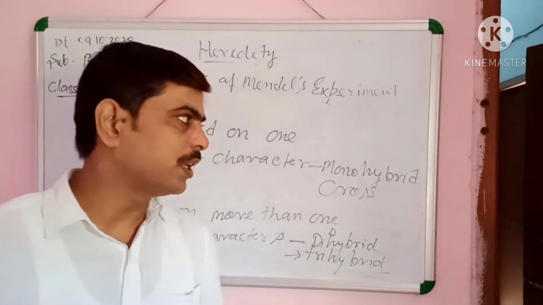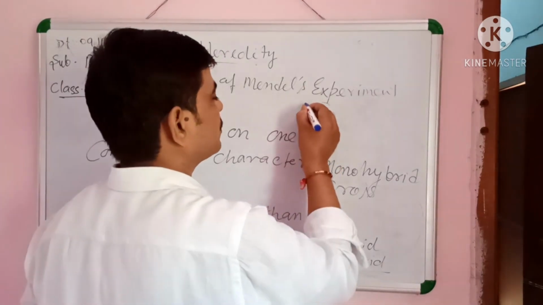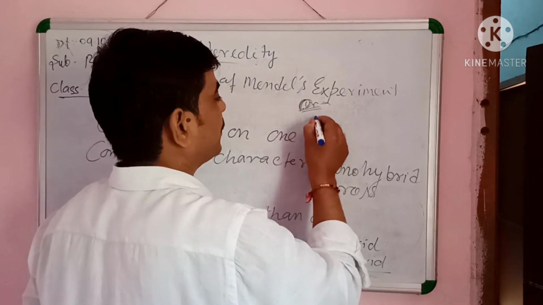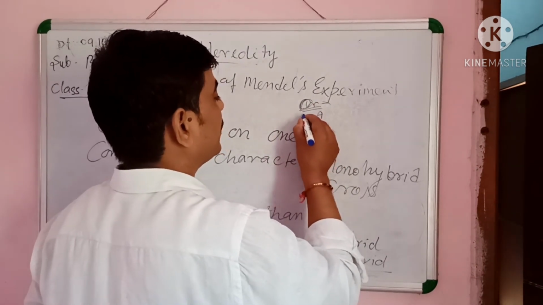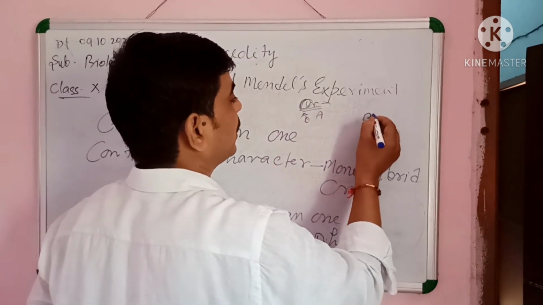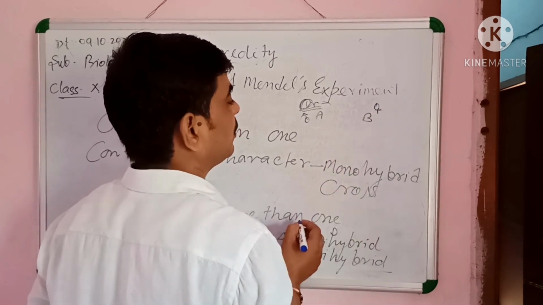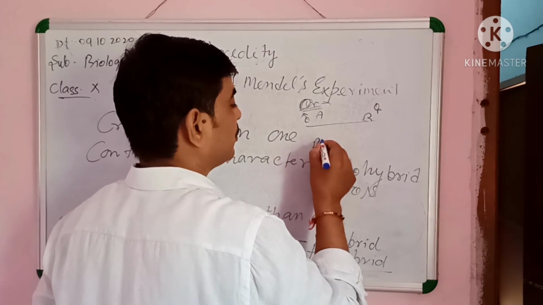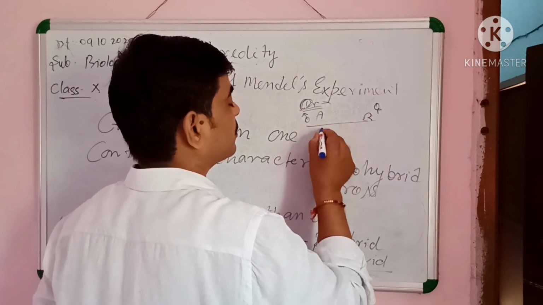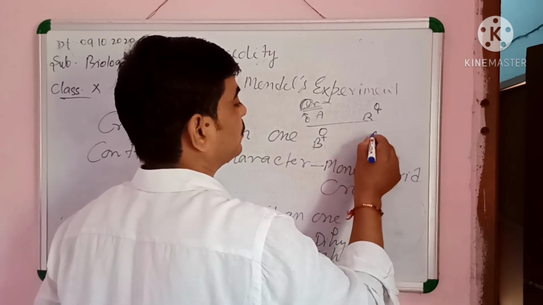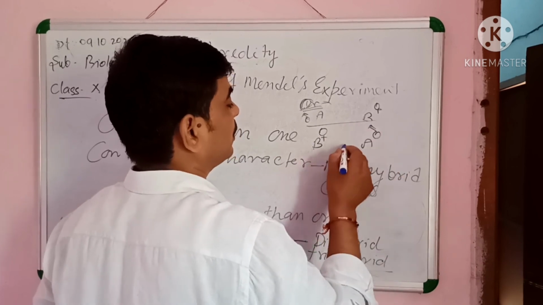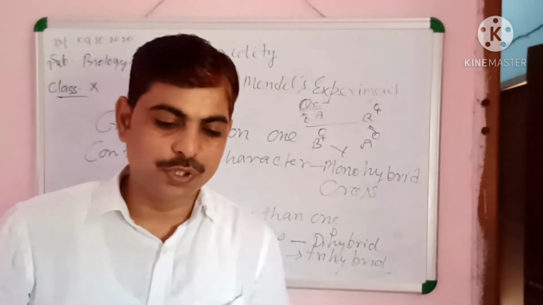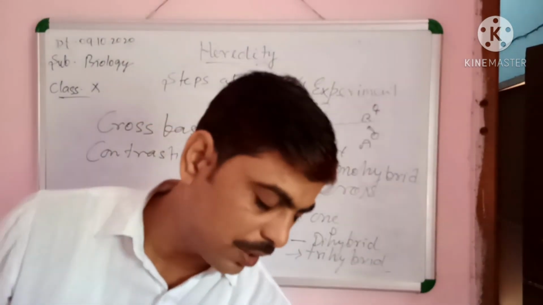Suppose in the original cross A is chosen as male and B as female, then if B is chosen as female and A as male, this will be the reciprocal cross, the reverse. So this is all about today.